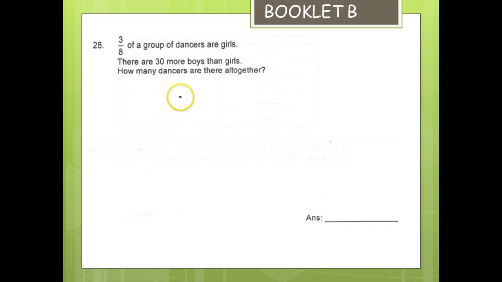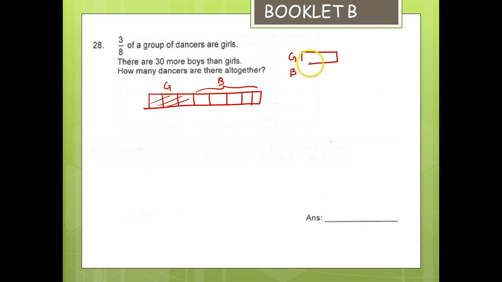3/8 of a group of dancers are girls. There are 30 more boys than girls. So now I know there's 1, 2, 3, 4, 5, 6, 7, 8. 3, these are girls, these are boys. So girls is 3 units, boys is 5 units.